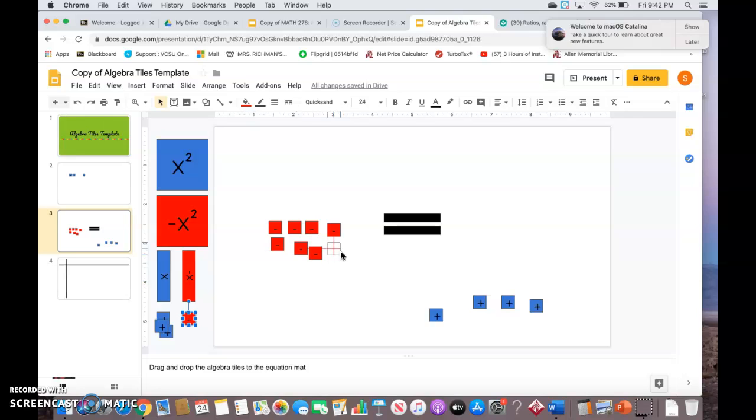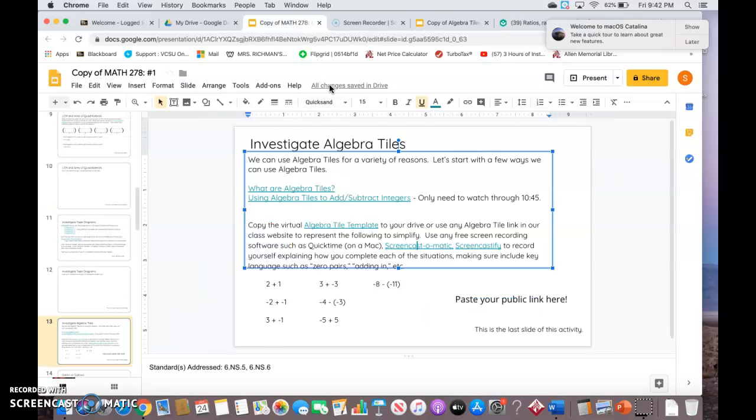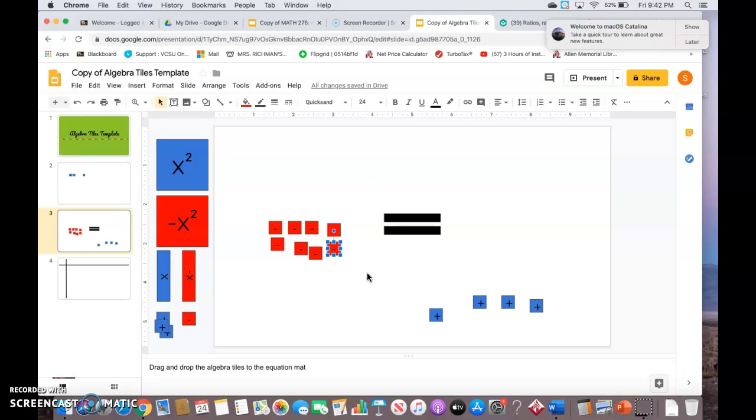Then we have minus -11. You can see it right here. Now, since it's minus -11, that's basically negative multiplied by a negative. So in that sense, it'd be like adding 11 instead.